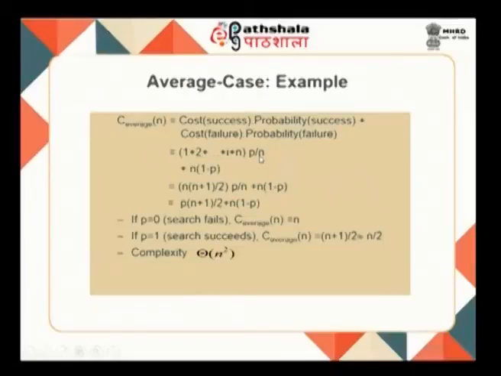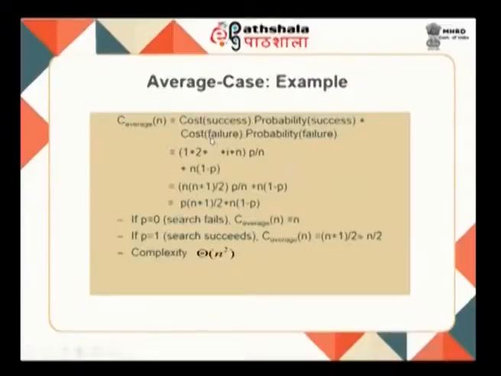In other words, the target is equally likely, and the cost of failure is n, with the probability of failure being 1 minus p. If we simplify everything, 1 plus 2 plus up to n is nothing but the Gauss formula, that is n into n plus 1 by 2, multiplied by p by n, plus n into 1 minus p. If we simplify everything, then we get this.